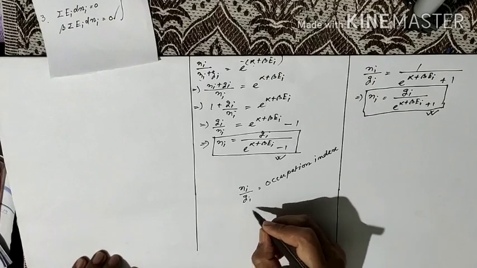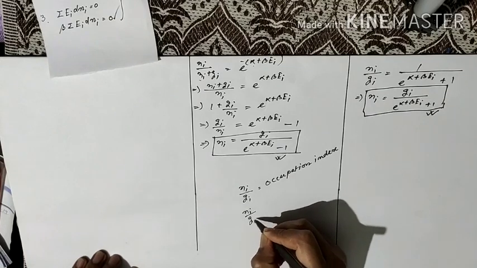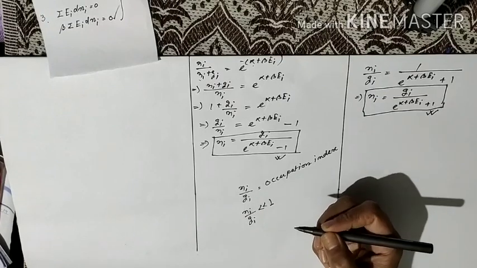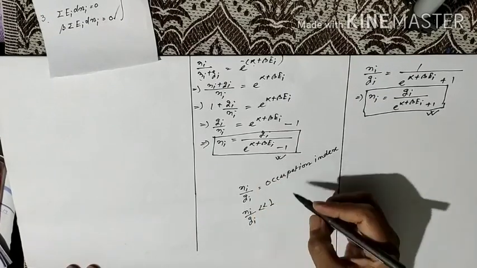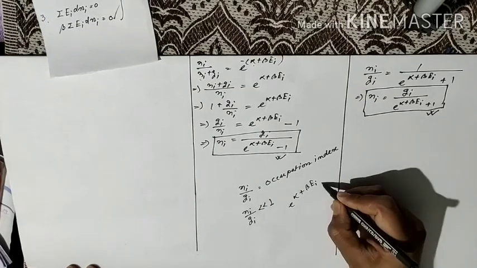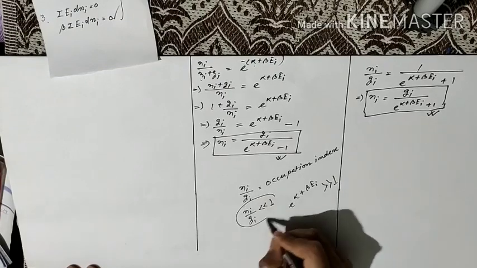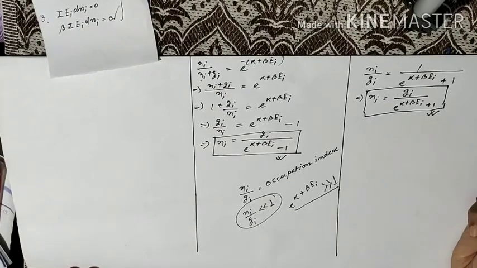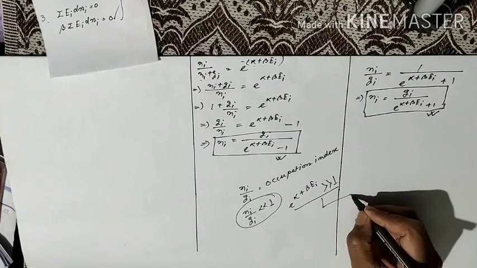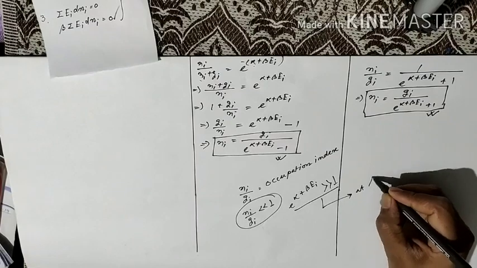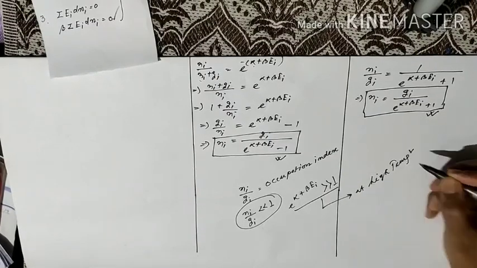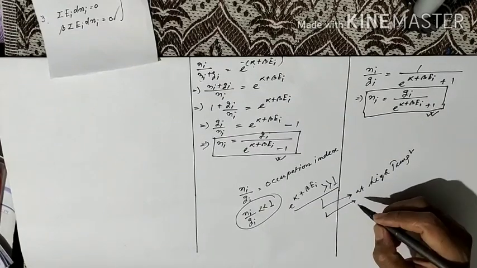When this occupation index is very much less than 1, then e to the power alpha plus beta ei will be very much greater than 1. And this happens at very high temperature and very low particle density.